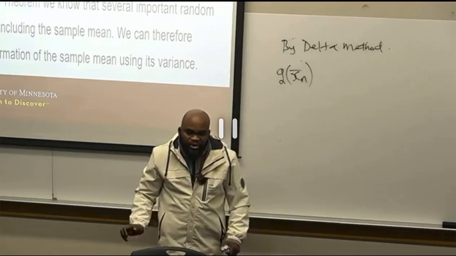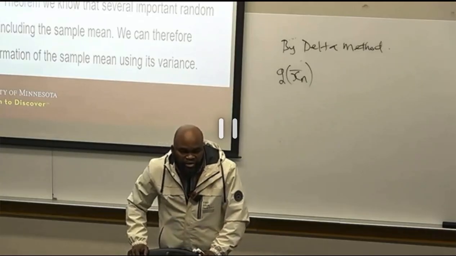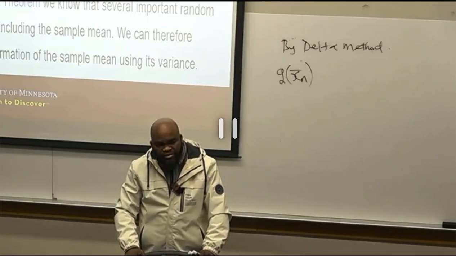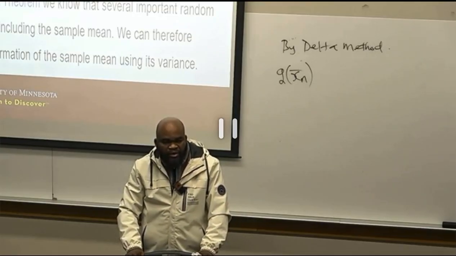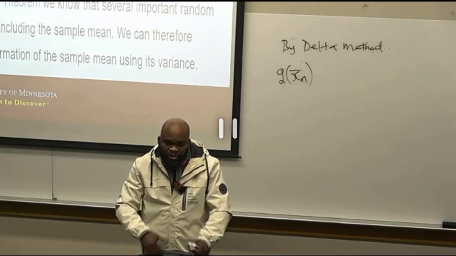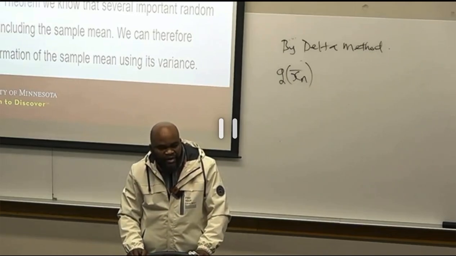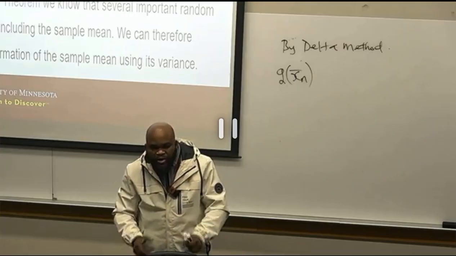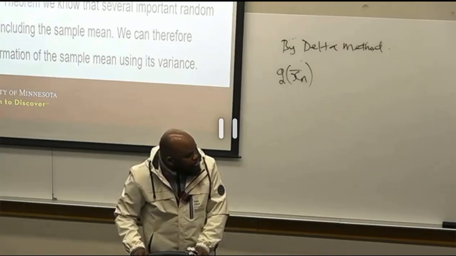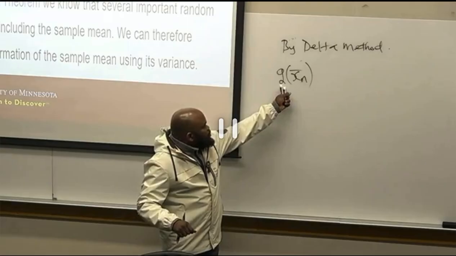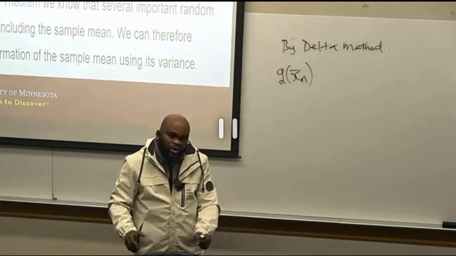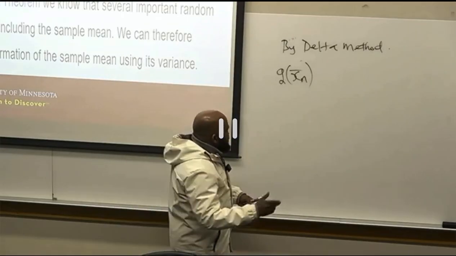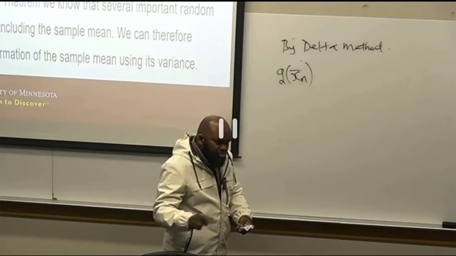Now, the delta method actually uses the knowledge of Taylor series, because what Taylor series is trying to do is to give a polynomial approximation of a complicated function, and of course the function of a sample mean will be complicated.